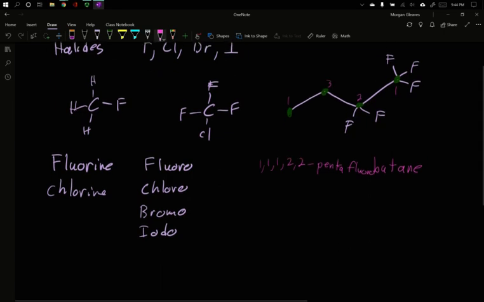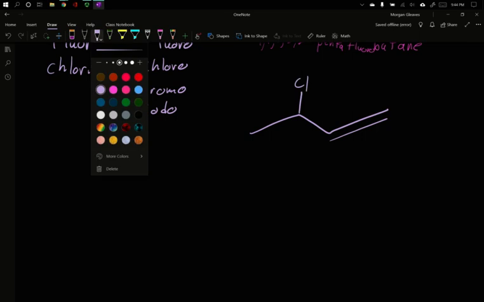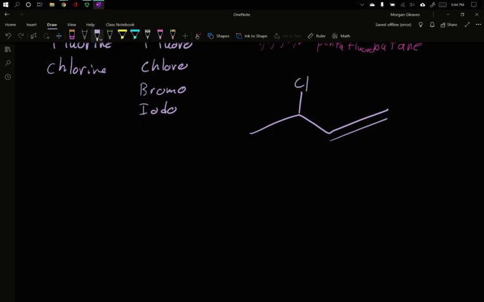Now, often you can find many halides if we bother putting them on a molecule. Often we use much smaller numbers. And so you might have something like this. Well, in this case, I've got a double bond and I've got a chloro.